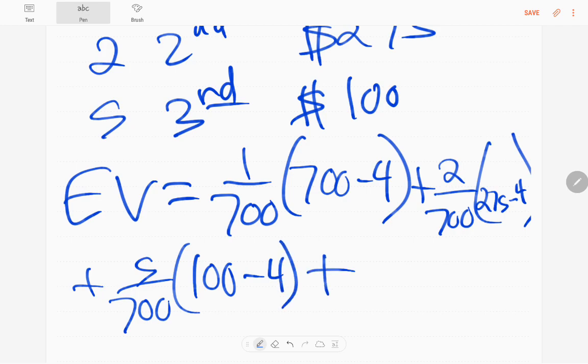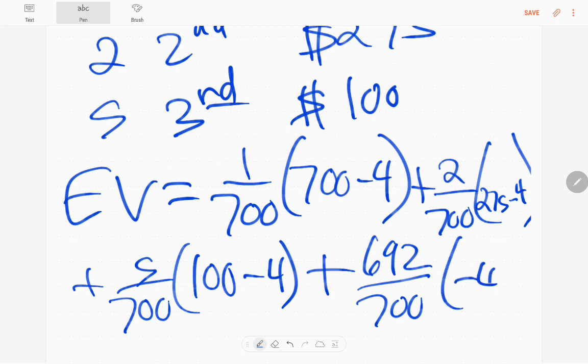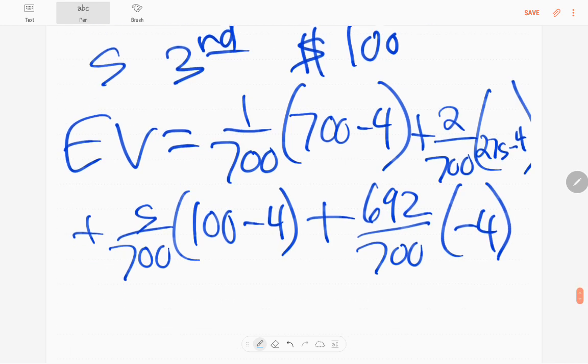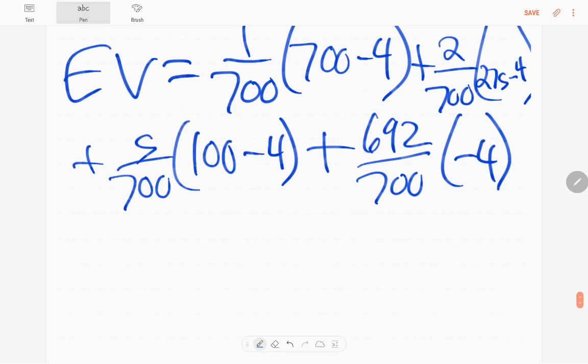But don't forget, most of the time you're going to lose. It looks like there are 8 winners total. That means there are 692 losers. And for them, they just lose their $4. So let's plug all that into a calculator.